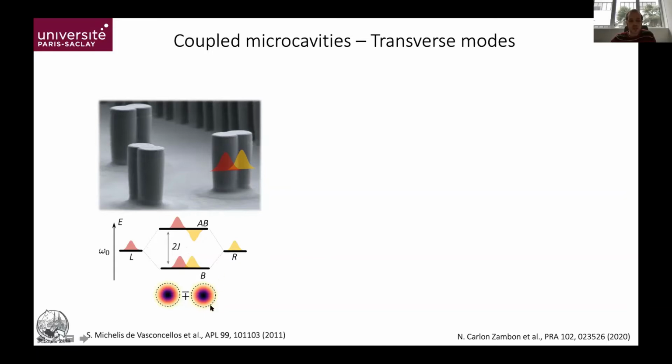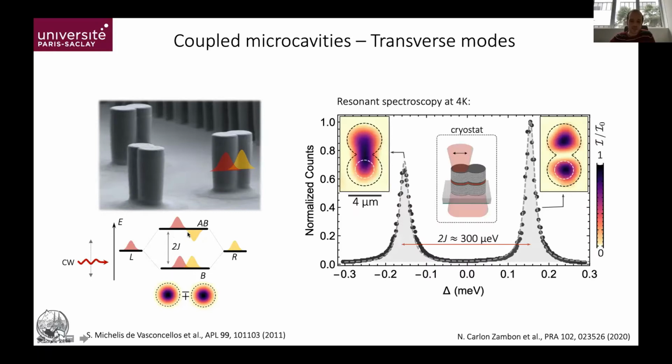Actually, the lower one is going to be called the bonding mode and corresponds to the symmetric superposition of the two modes, and the higher energy one is going to be the anti-bonding mode and corresponds to the superposition of the two modes out of phase. And the way we can probe this mode structure is just by shining a continuous wave laser on top of the structure and recording the transmitted pattern.